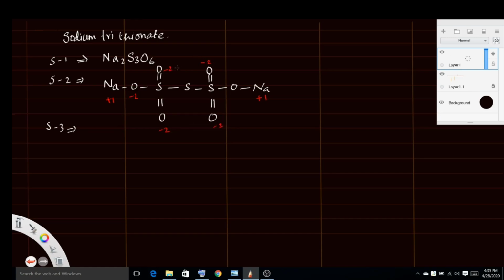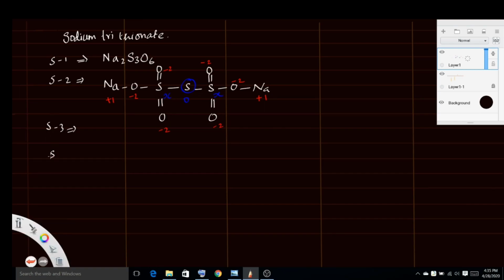And the sulfur which is attached to the same kind of atom, these 2 sulfurs, so the middle sulfur has oxidation state 0 and the others have X.